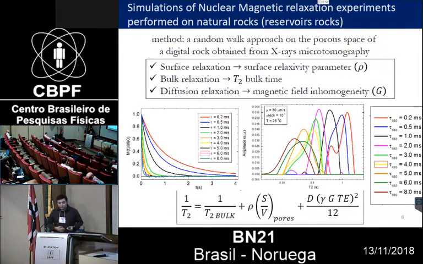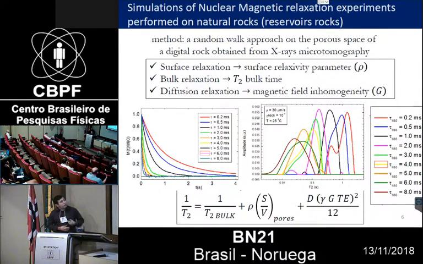The first topic that I'm going to talk about is the simulations. We use a random walk method, and we reconstruct a porous media with X-ray tomography, and then we simulate the magnetization, as you can see here, and try to get the T2 distributions.